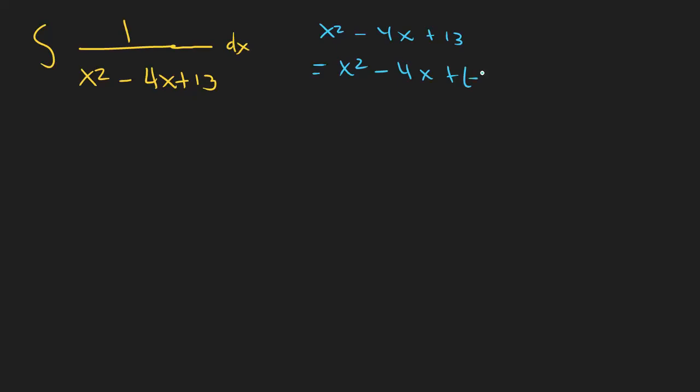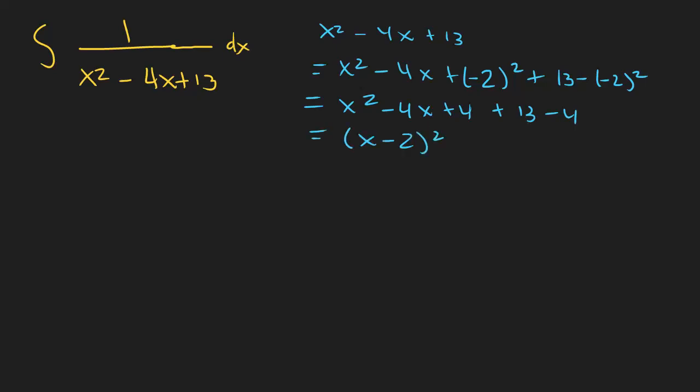So this gives us x squared minus 4x plus 4 plus 13 minus 4, which is actually just going to be x minus 2 to the second power, and then plus 9, right? So that tells us that our integral becomes the integral of 1 over x minus 2 squared plus 3 squared.